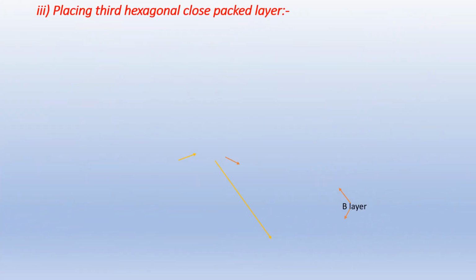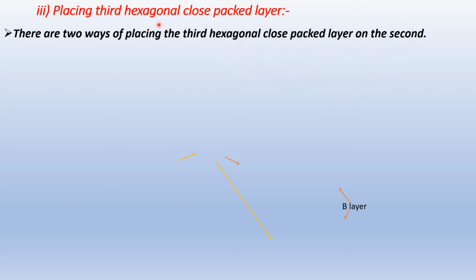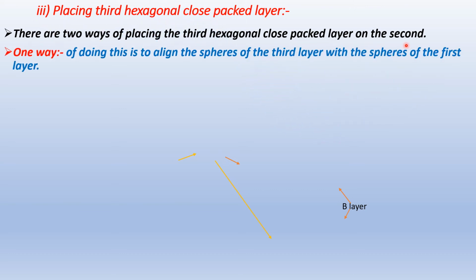Continuing with the next one, placing the third hexagonal close pack layer. In the third layer there are two ways of placing the third hexagonal close pack layer. The first way is to align the spheres of the third layer with the spheres of the first layer.